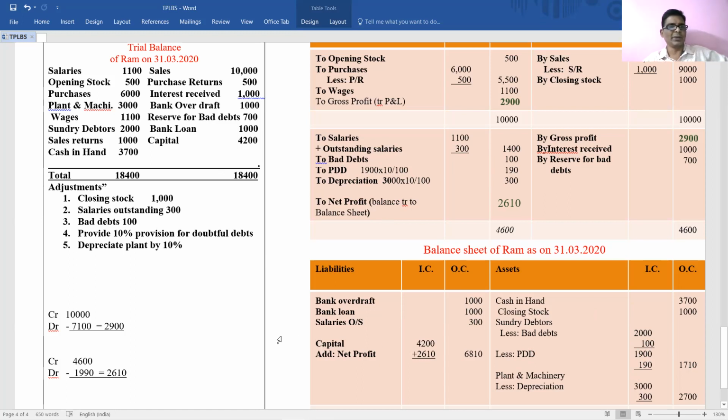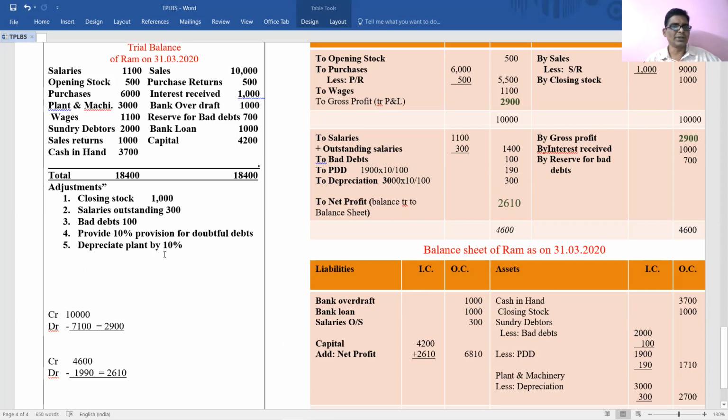So once again, I'm repeating: bad debts 100 PD here, and less from debtors, 2000 minus 100, 1900. The provision for doubtful debts is calculated after deducting this 100, 1900, 10% means 190. So provision for doubtful debts 190, and less from debtors, 1900 minus 190, 1710.